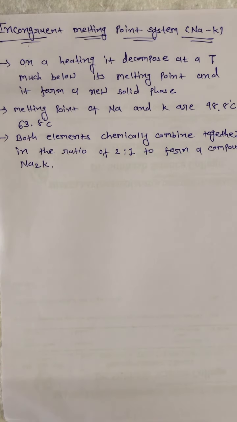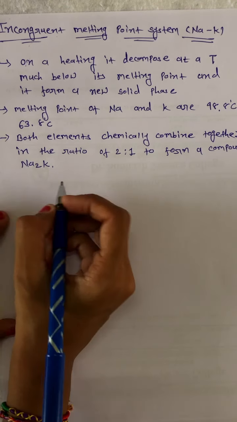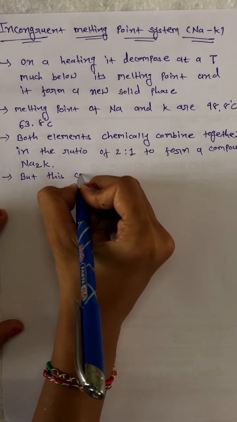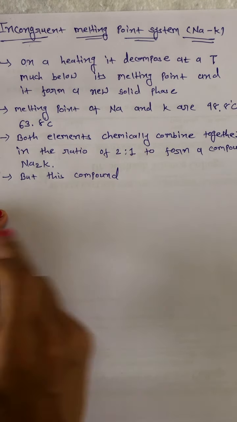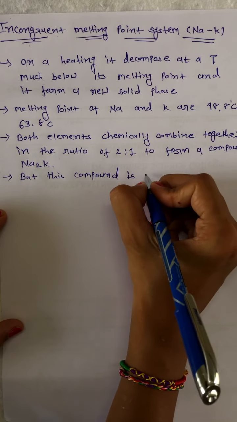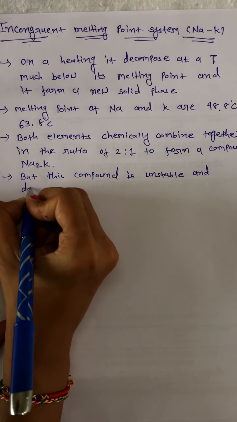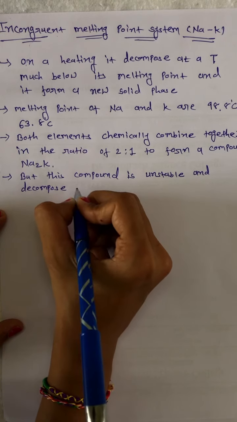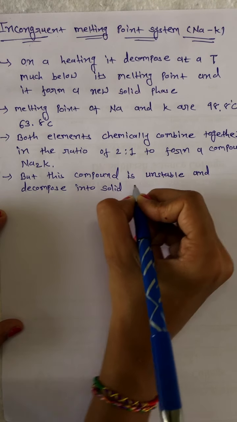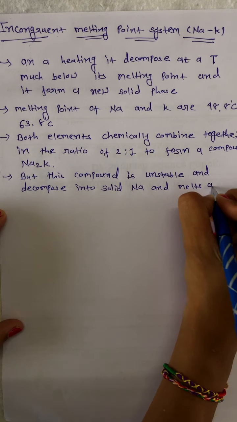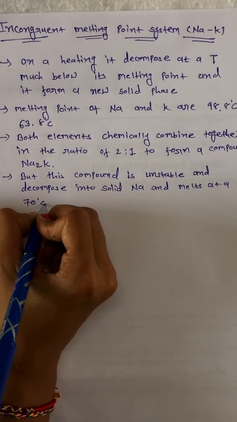But this compound is unstable and decomposes into solid Na and melt at a temperature of 70 degrees Celsius.